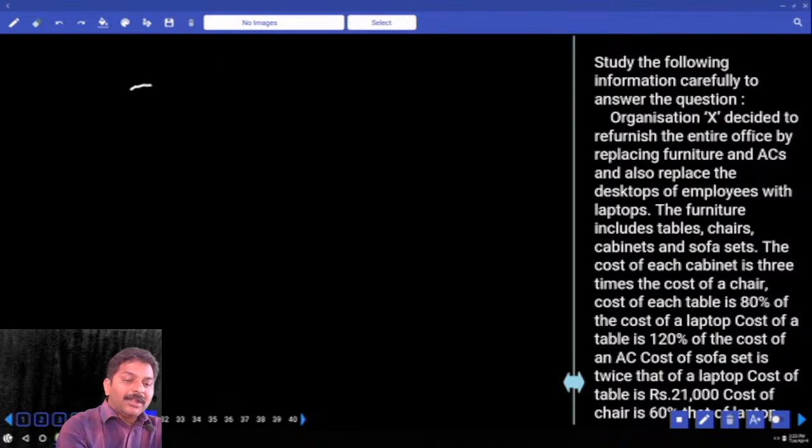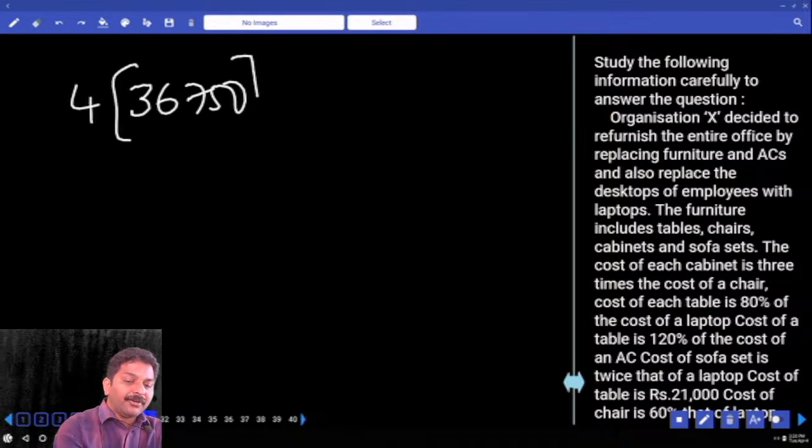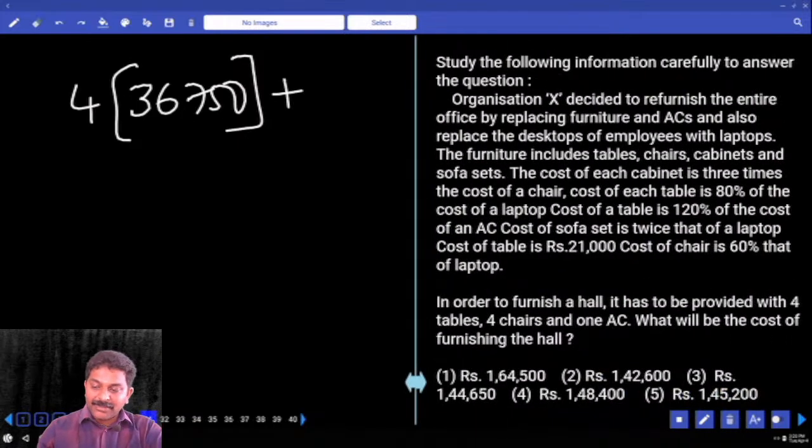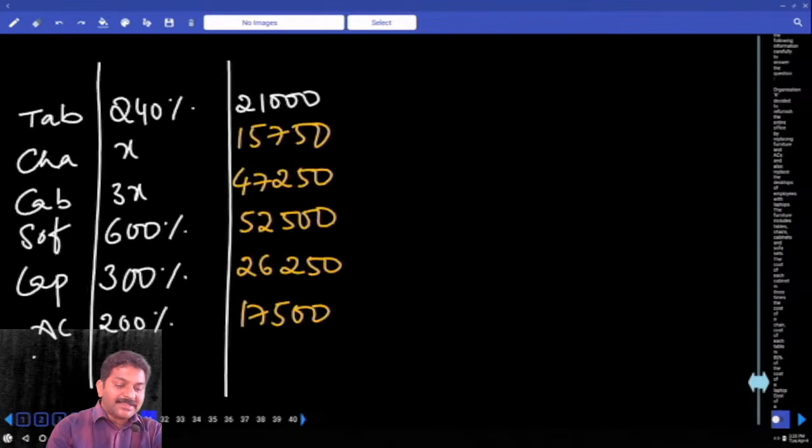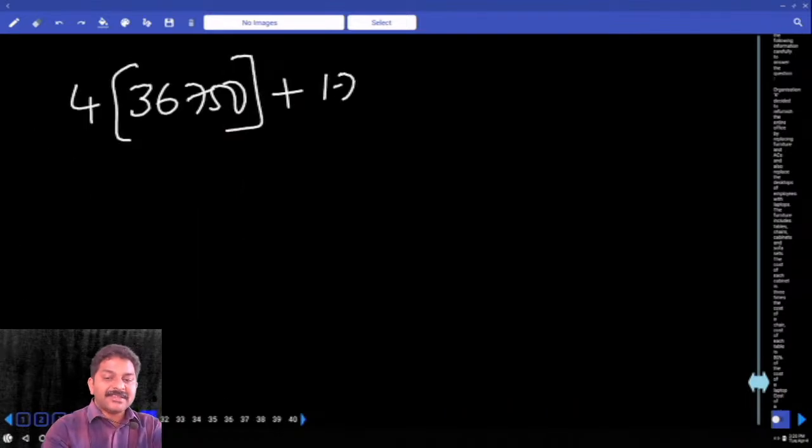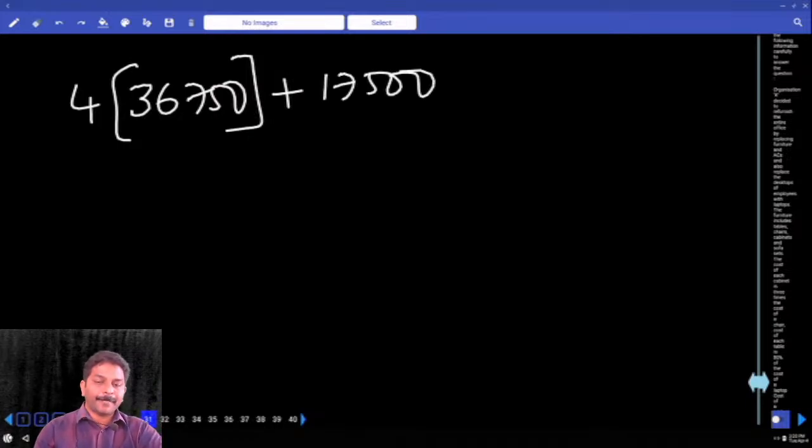So 1 table and 1 chair cost 36,750. Like that we need 4 tables and 4 chairs. To this, again, what more is required? 1 AC is required. What is the AC cost? 17,500. This is what we need to calculate.